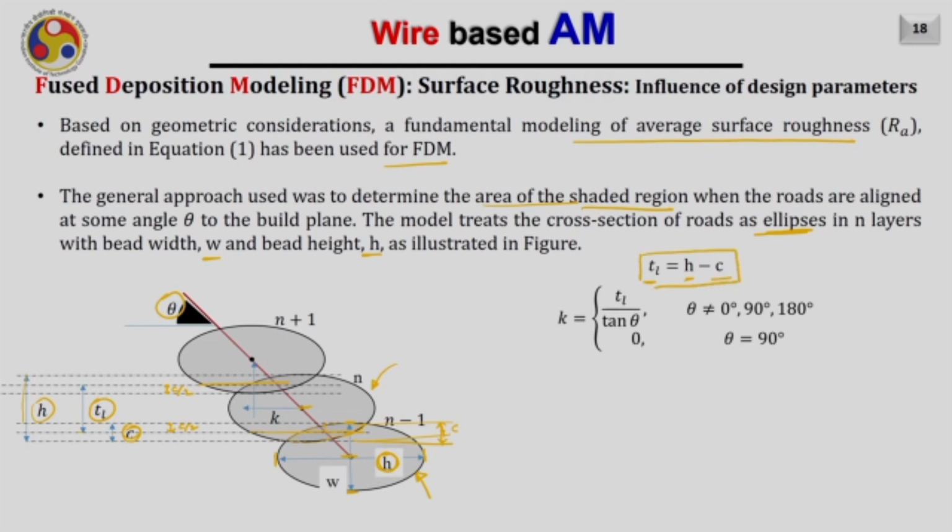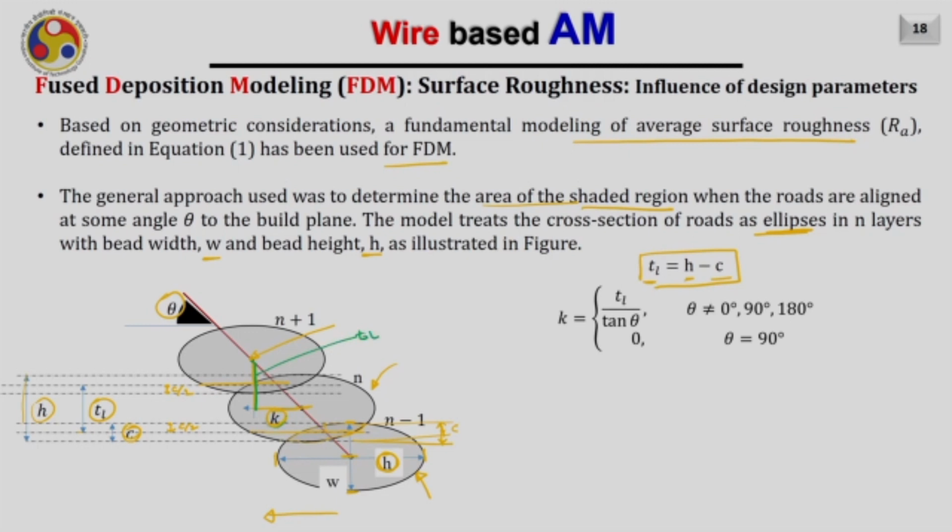Now, if this is the layer thickness, the center of the next deposited bead or the next deposited ellipse will be shifted by K and H, we know that. To obtain this value K, the shift of the center in x direction, we can use this triangle. In this triangle, this length, shown here in green color, is nothing but TL, the thickness of the layer.